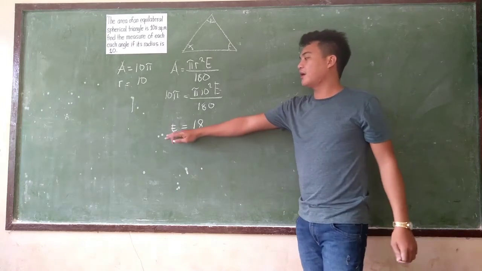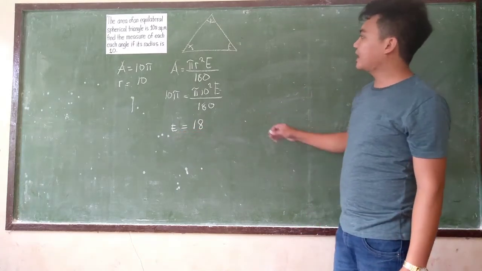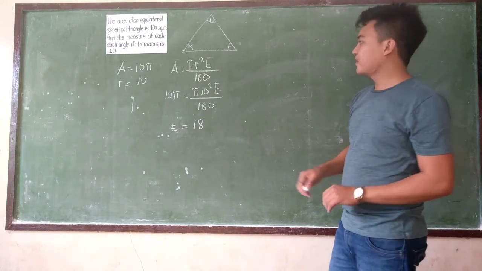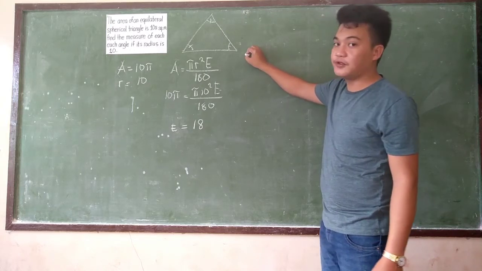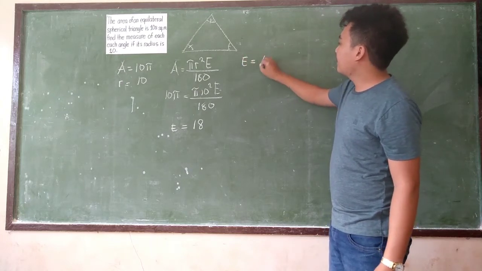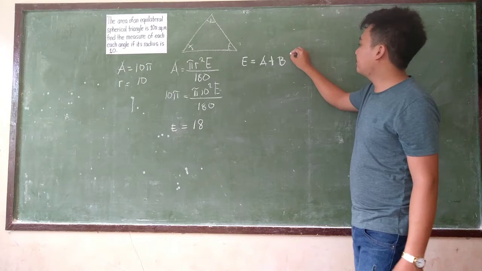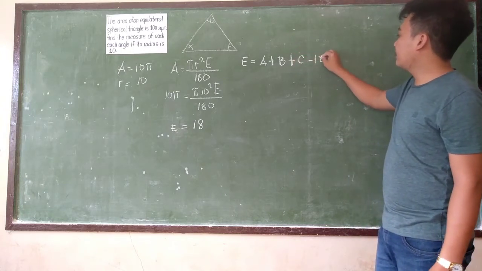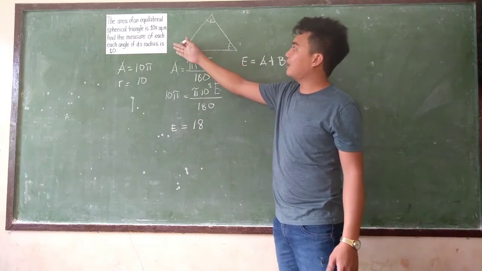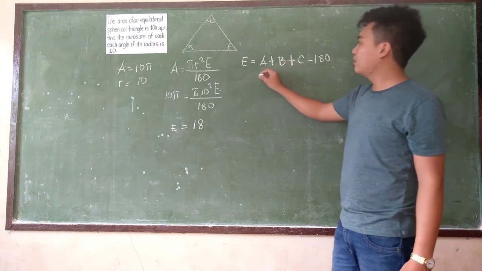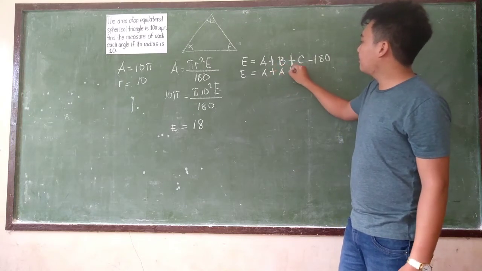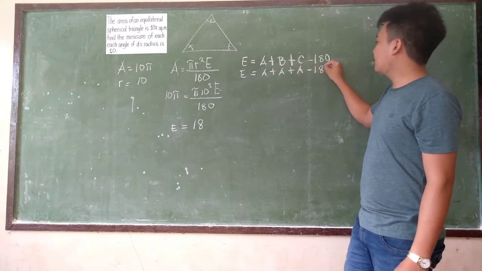So since we have the value of E, we can now find the measure of the angles. We have to use the formula of the excess, which is E equals A plus B plus C minus 180. Since our problem is equilateral, the angles are equal, we can rewrite this as E equals A plus A plus A minus 180.